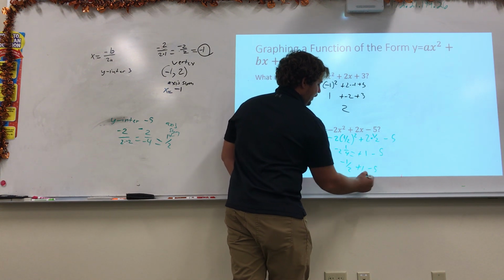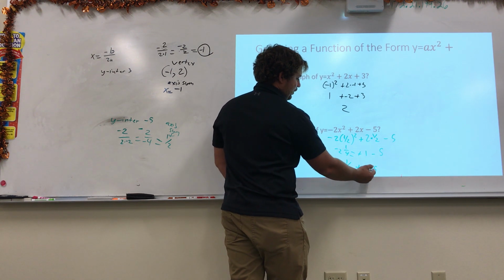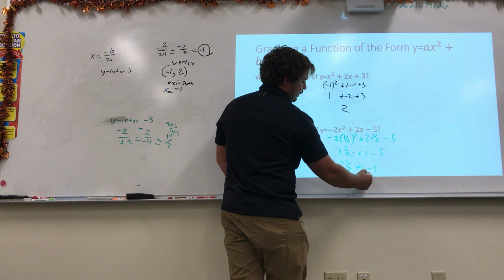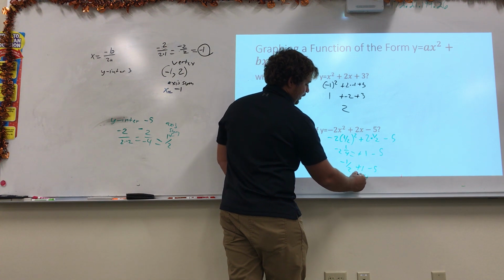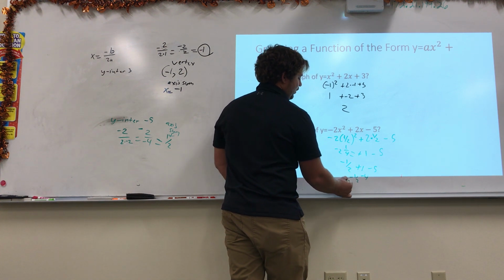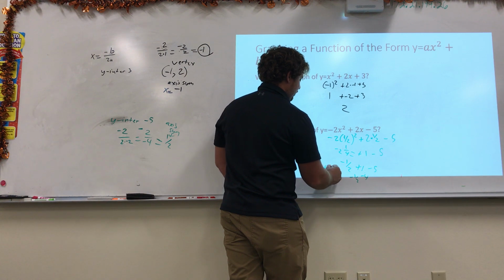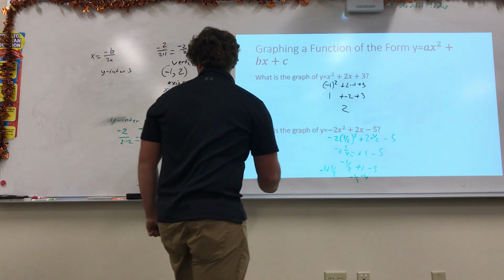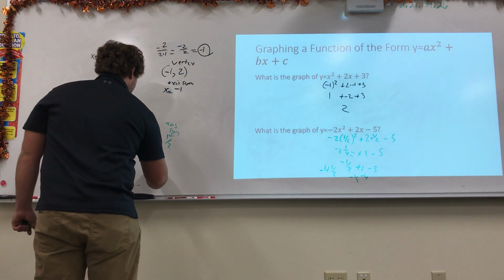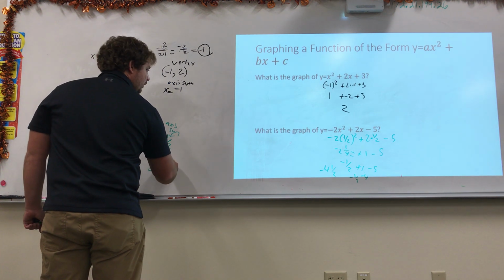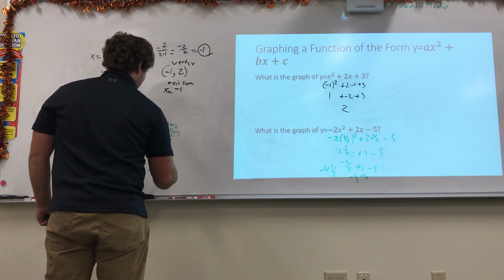When I combine these two, I am going to get -4. So -1/2 minus 4 is going to give me -4 1/2. So I would have 1/2 and -4 1/2.